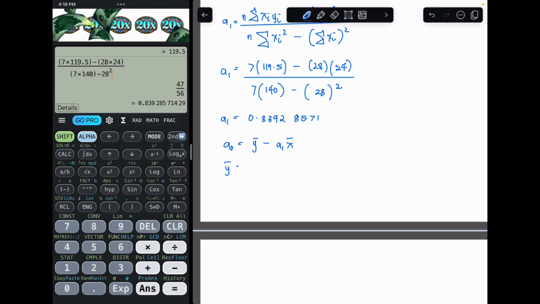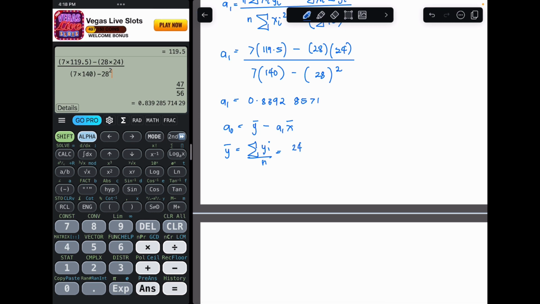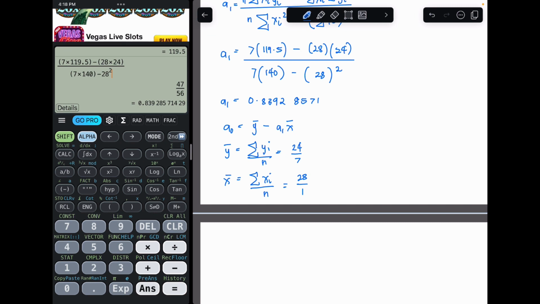So y bar is equal to the summation of y sub i over n, which is 24 divided by 7. And then our x bar is the summation of x sub i over n, which is 28 over 7, which is equal to 4.